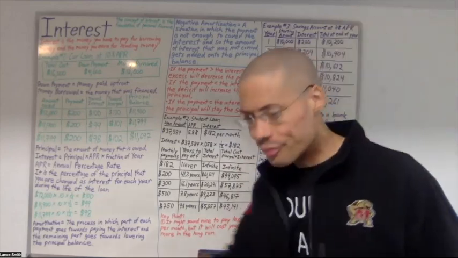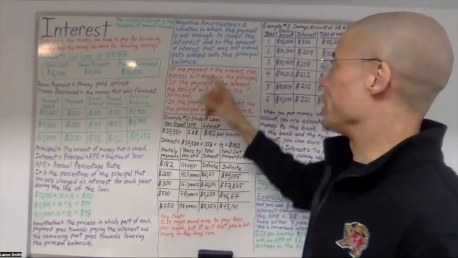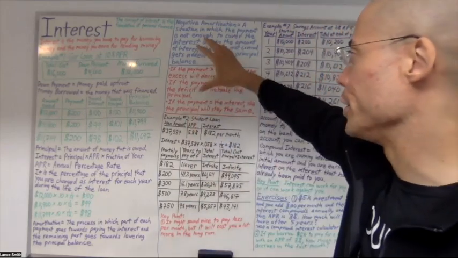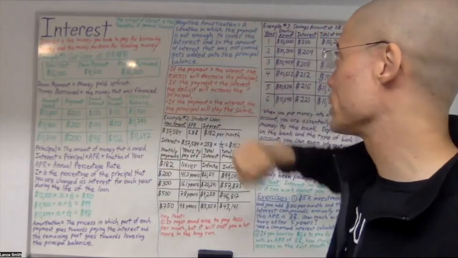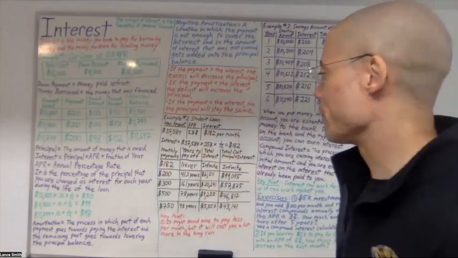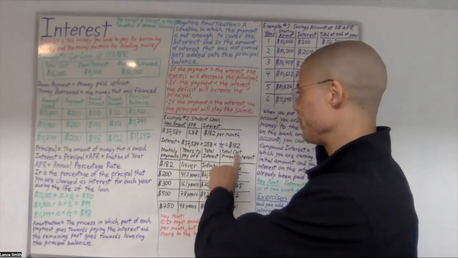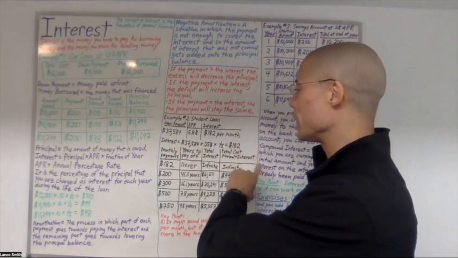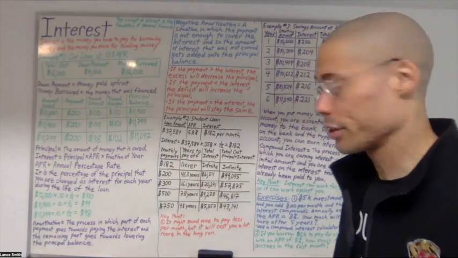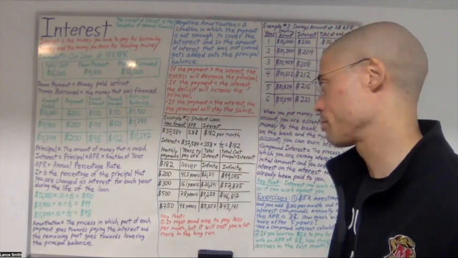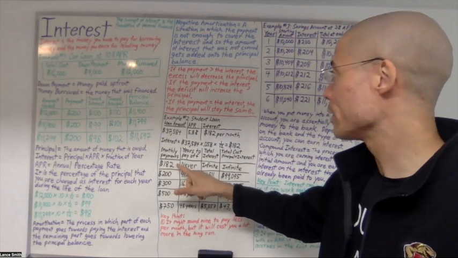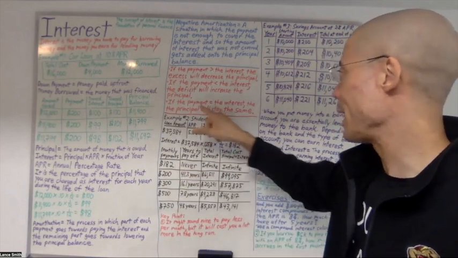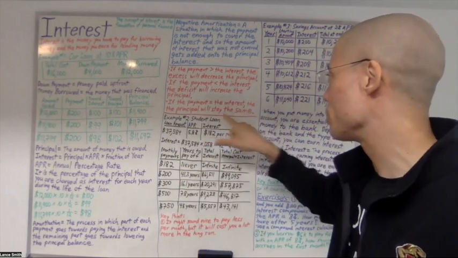So now, here's the thing. We just learned about amortization and also negative amortization. If the interest per month is $182, and our monthly payment equals the interest, then the principal will stay the same.